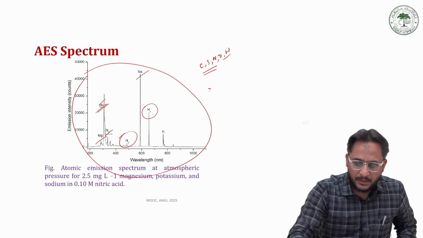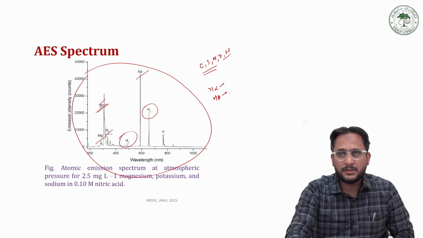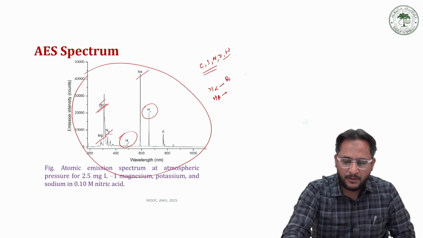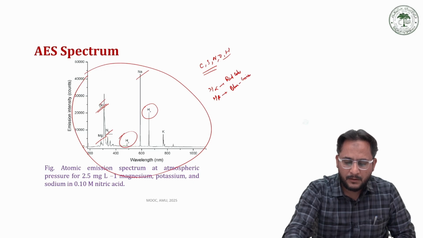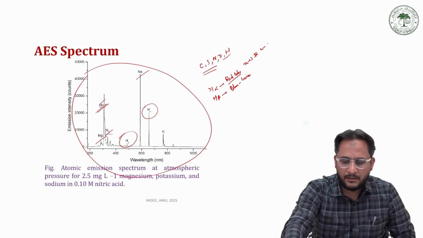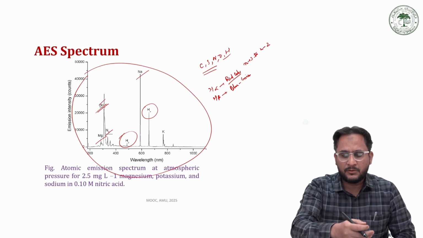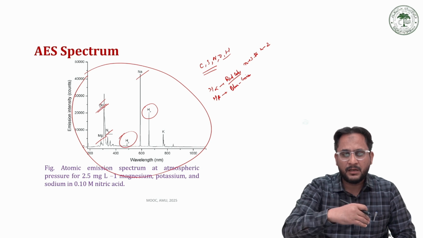Hydrogen can also be detected with atomic emission spectroscopy. There are two peaks, H alpha and H beta. These lines are present in the Balmer series of the hydrogen spectrum. H alpha belongs to red color and H beta belongs to blue-green color. The red H alpha line is formed when an electron returns from the third level to the second level, because in the Balmer series electrons from higher energy states come to the second energy state.